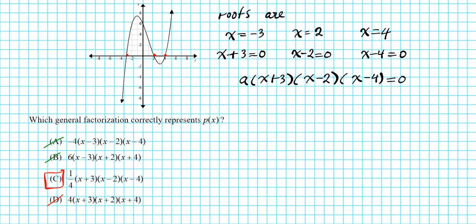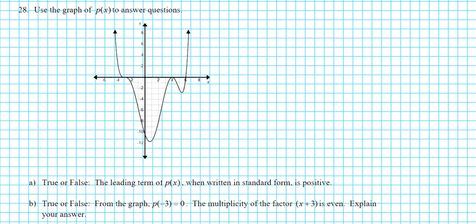Option letter C. Okay, for number 28, it says use the graph of p of x to answer the questions. Okay, so the A part, it says true or false. The leading term of p of x when written in standard form is positive. So we're going to use the leading coefficient test here.